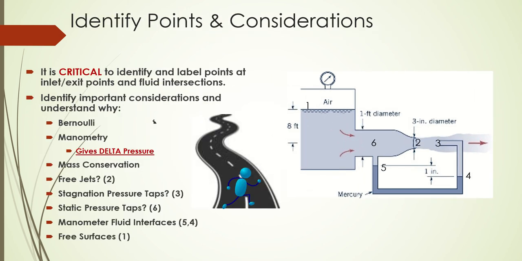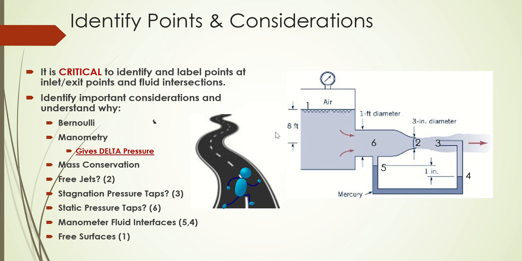Well, the first thing that we have to do is identify and label the points that define the problem. We want to identify the important considerations and understand what fluid dynamic principles guide the problem.